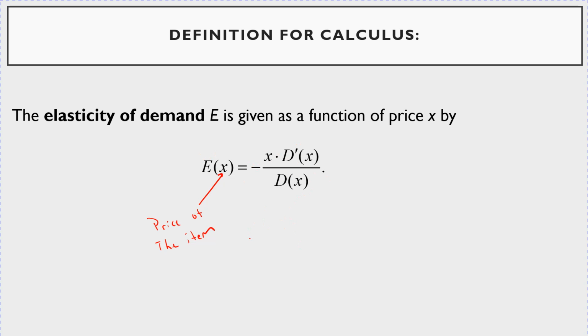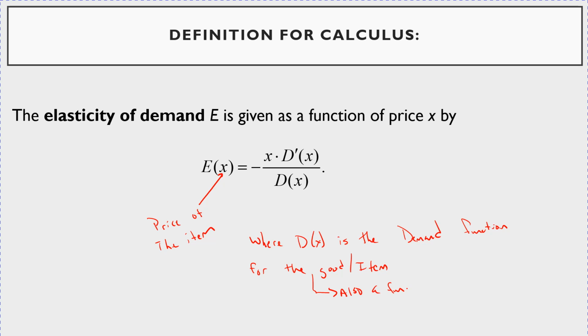All right, well, what is d of x? d of x is the demand function for the good, for the item. And this demand function is also a function of x, the price.